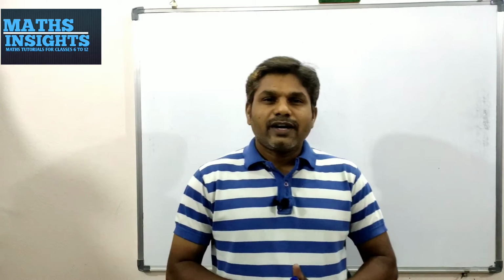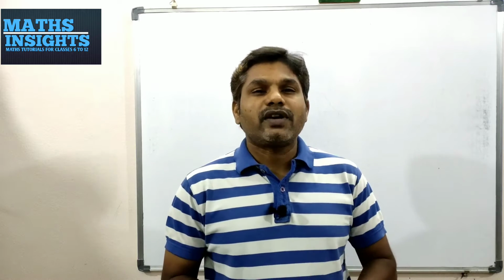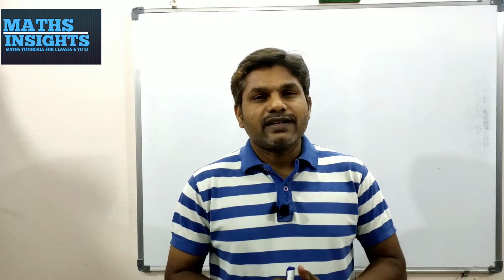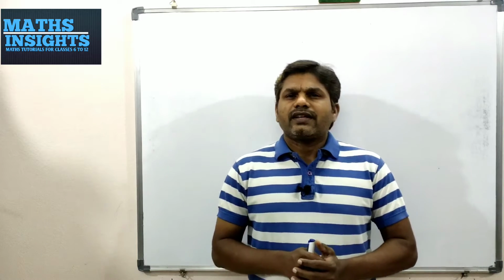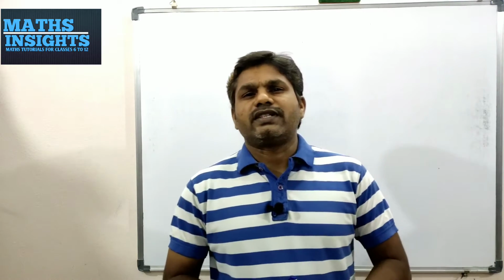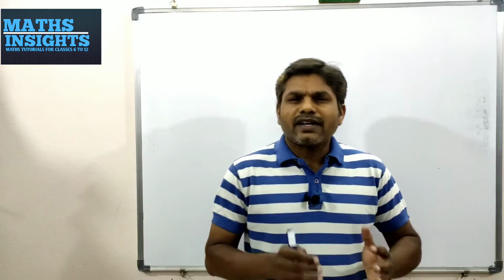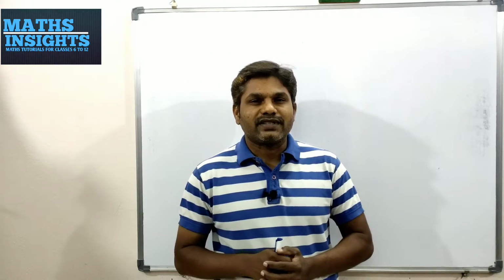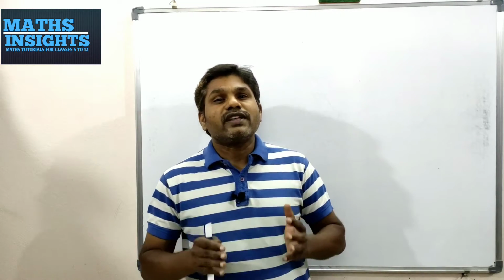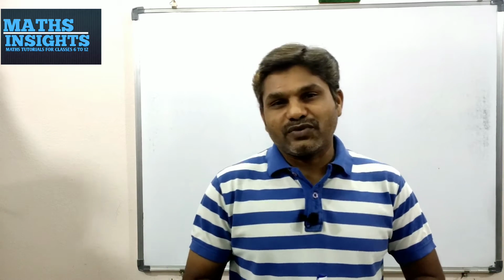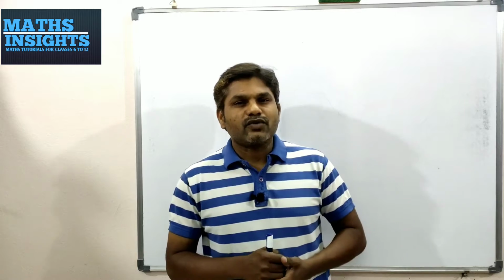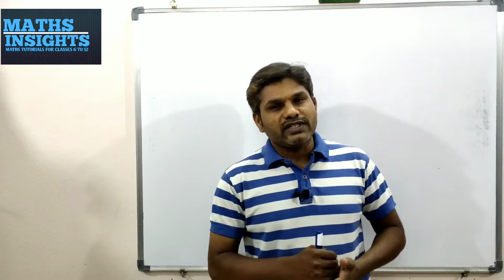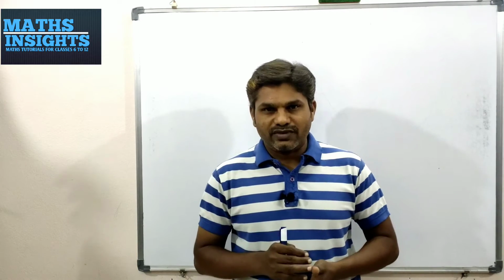In this video, I am going to discuss a very important topic called scientific notation. In every student's life, they may come across very big numbers and also very small numbers. To write a very big number, you have to write more digits or more zeros.